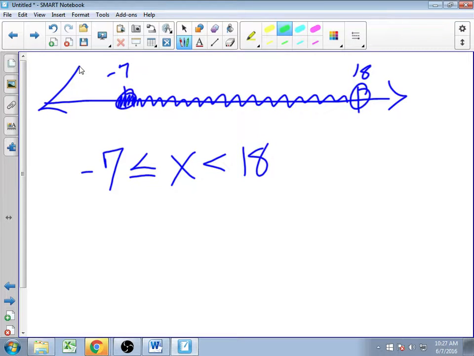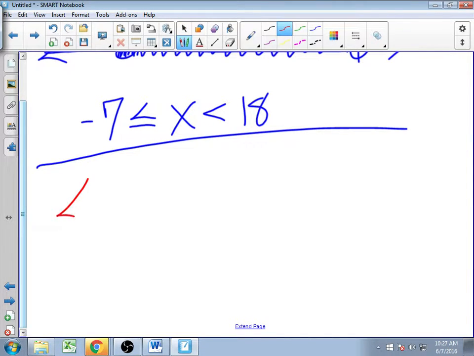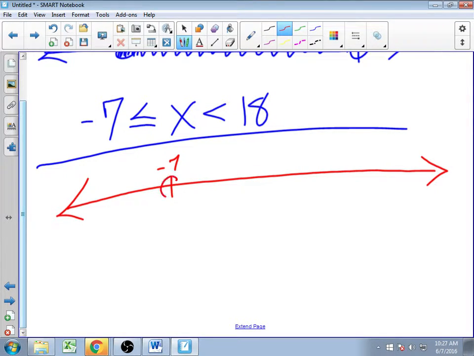Now, if it splits, it gets harder. So let's say I have my number line, and I'm still going to use -7, but here, I'm going to shade that way. And I'm still going to use 18, but here I'm going to fill this in and shade that way. So now that it's split, I have to have two separate inequalities to represent this.